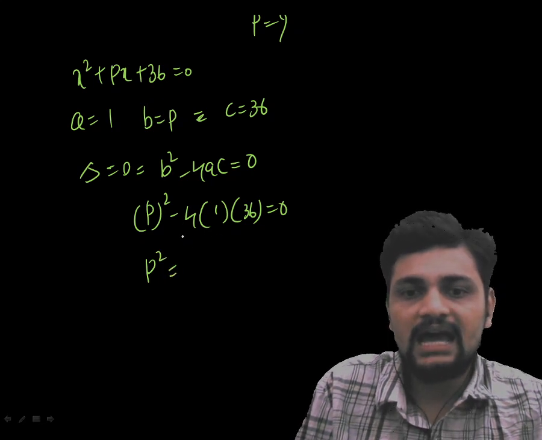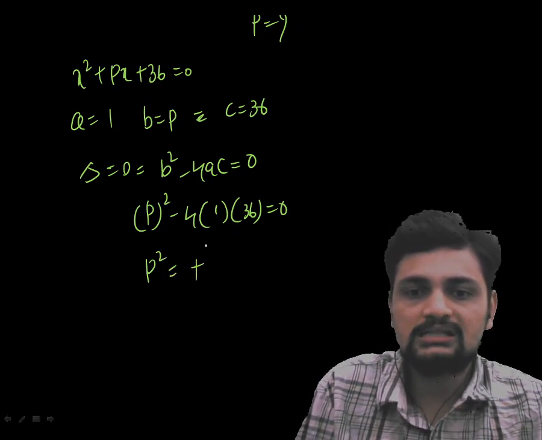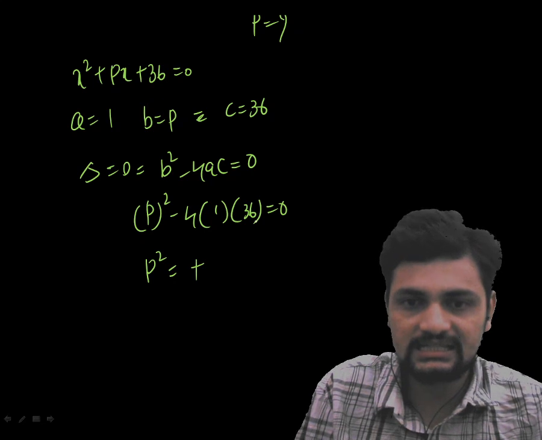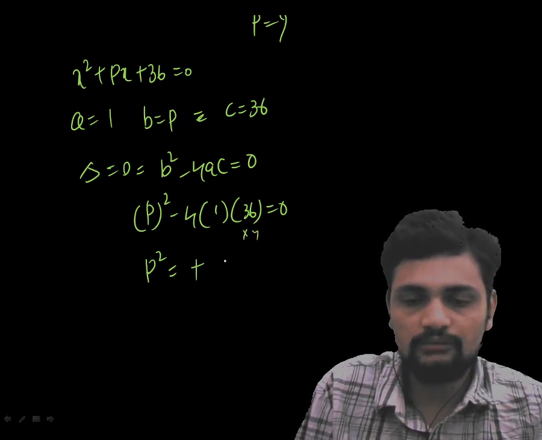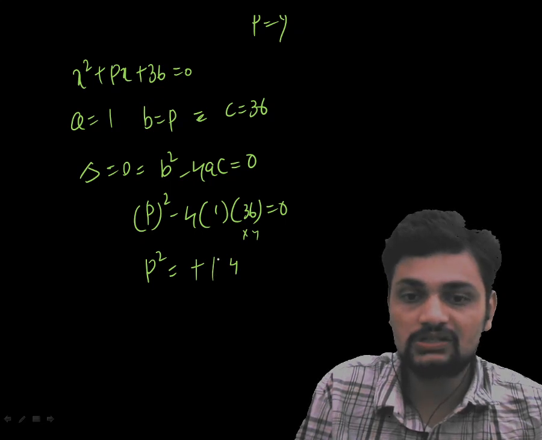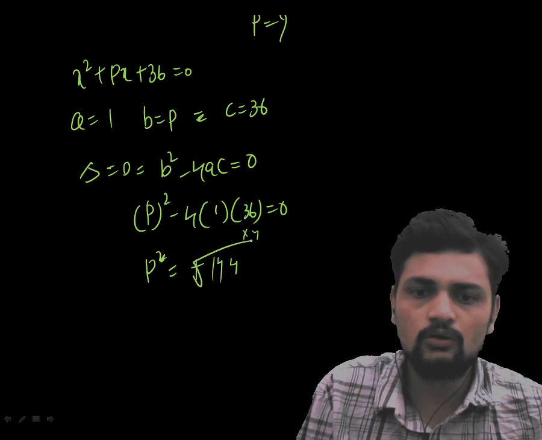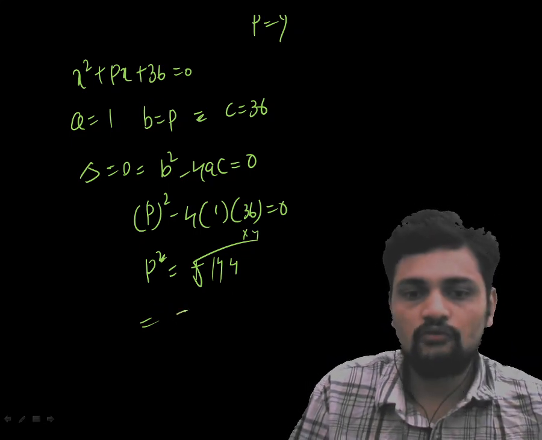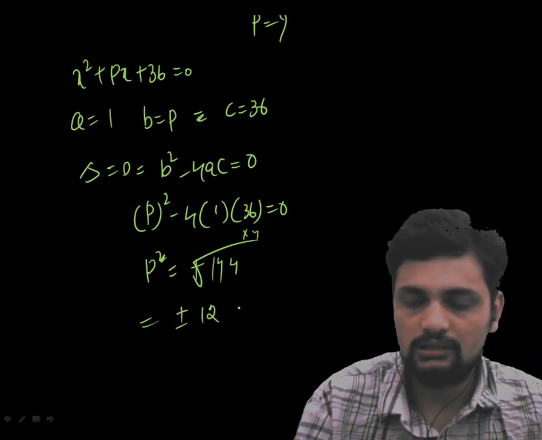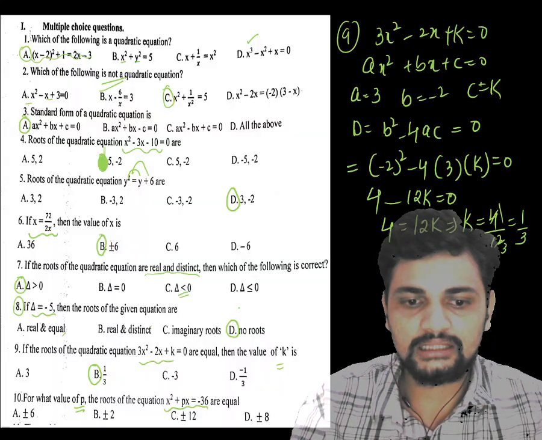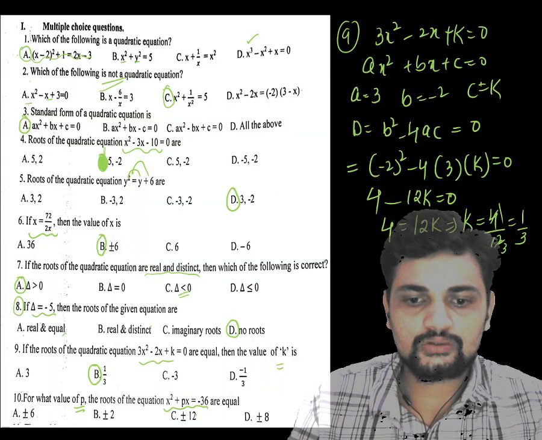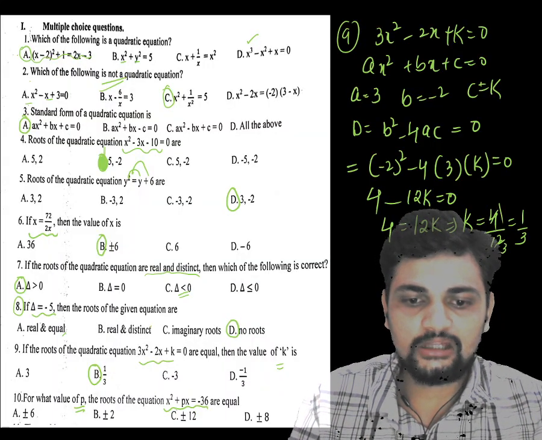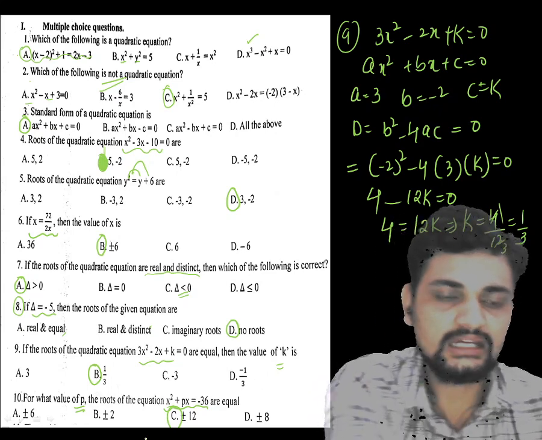Let me take the entire second term to RHS, it will become plus 4 ones are 4, 4 into 36. 6 fours are 24, carry 2, 4 threes are 12, 12 plus 2 is 144. So remove square and take root. 144 is a perfect square. So square root of 144 is plus or minus 12. Now look for the same option in the 10th question. So without any computation, option C is absolutely the correct answer.